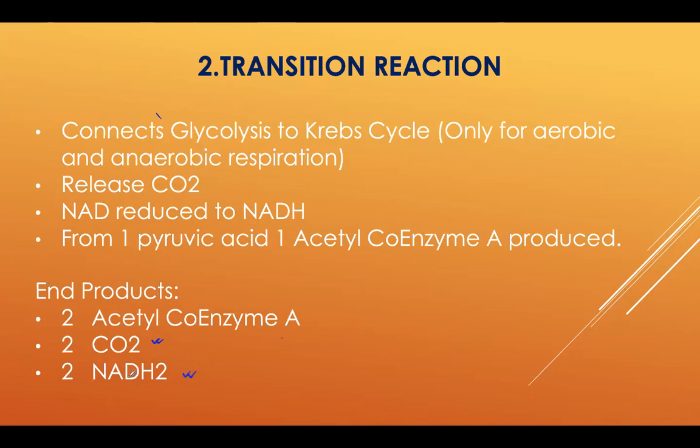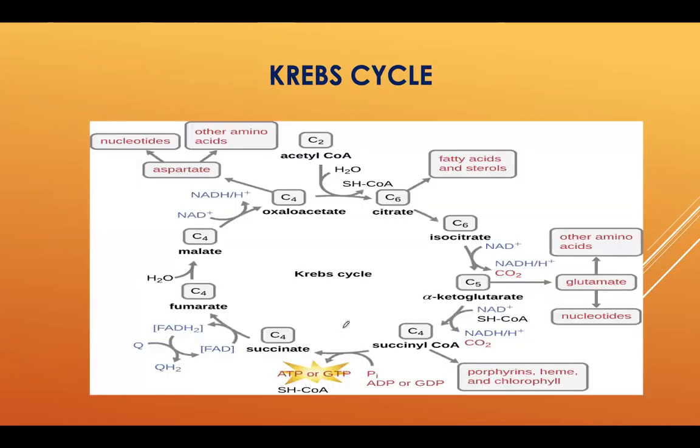That's the end product of the transition reaction. Okay. So now we have carbon dioxide and NADH. This acetyl coenzyme A, or CoA, will now enter the Krebs cycle. Okay.